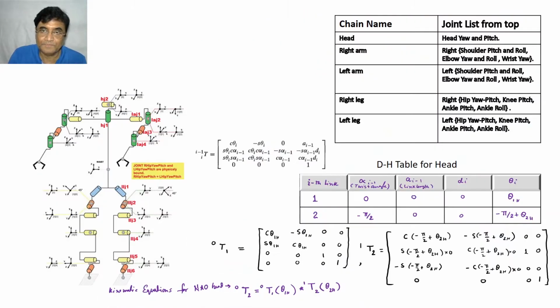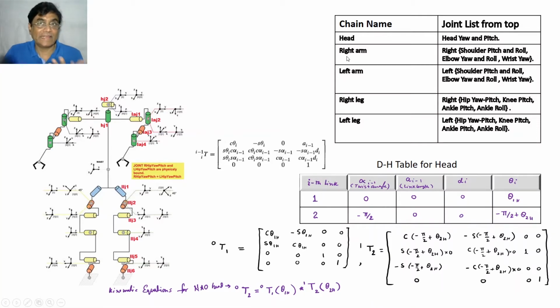So what you will have to do is divide and conquer, because it is complicated, with so many joints. We divide into several groups, and then we try to develop a model for each group itself. In that context, this is the head. The head has yaw and pitch.